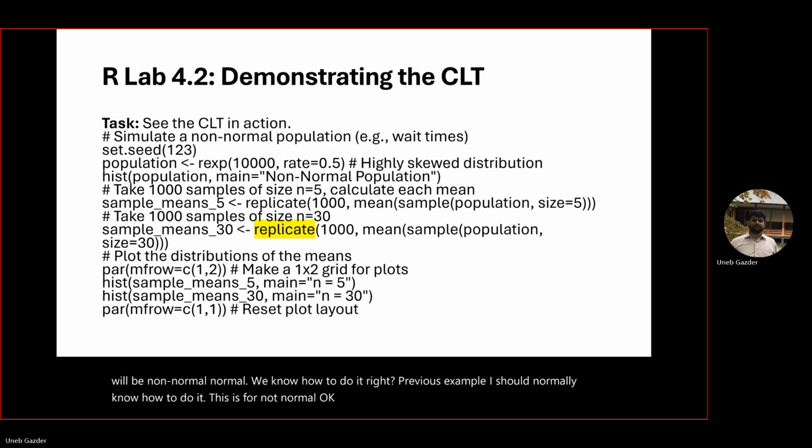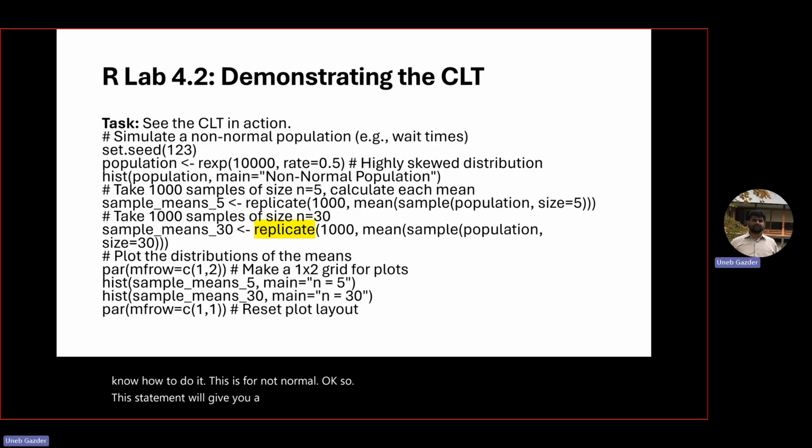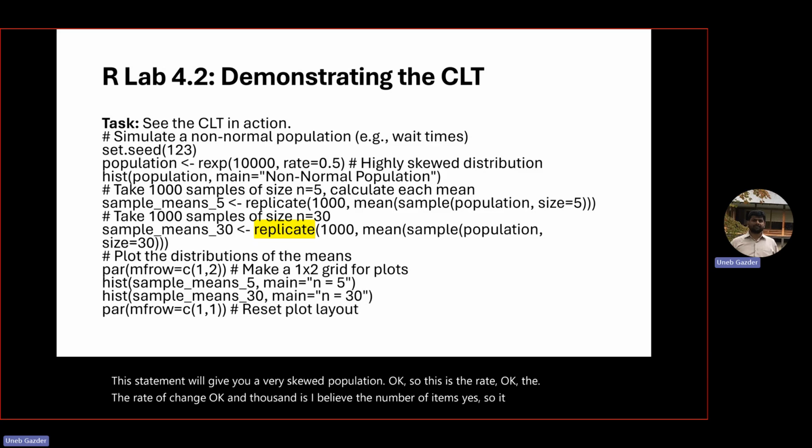So this statement will give you a very skewed population. This is the rate, the rate of change. And 1000 is, I believe, the number of values. So it will create 1000 samples with a rate of 0.5. And it is taking basically an exponential distribution.